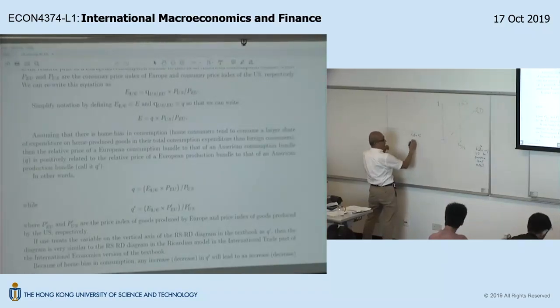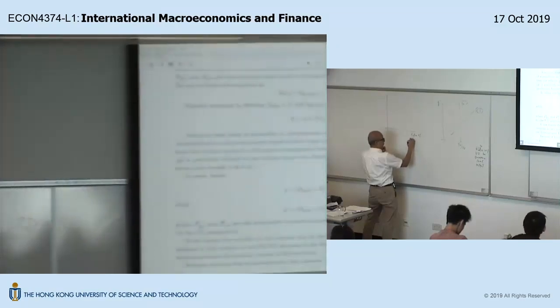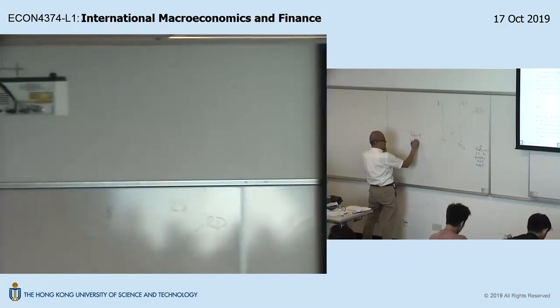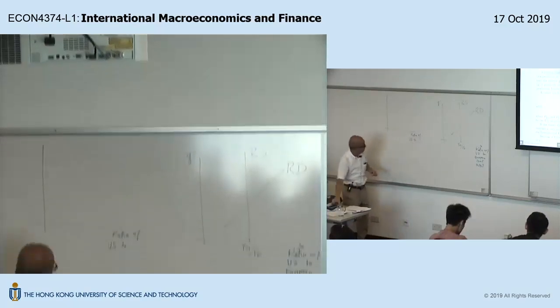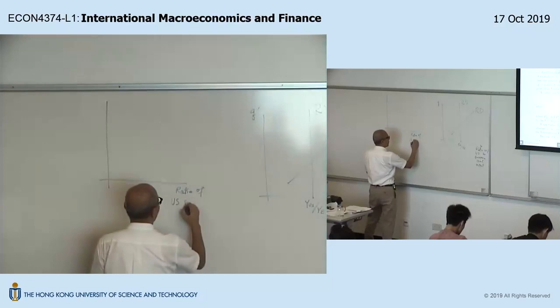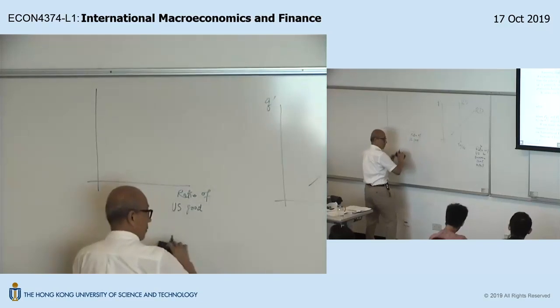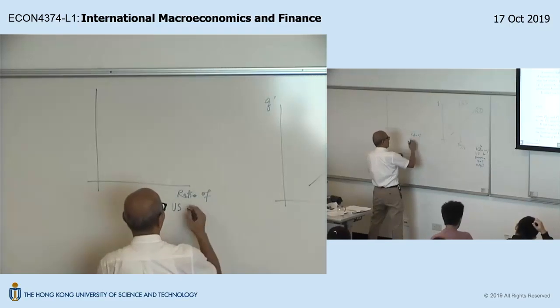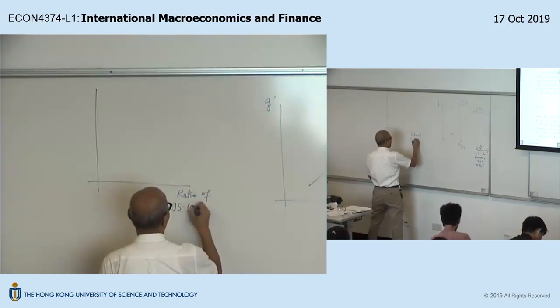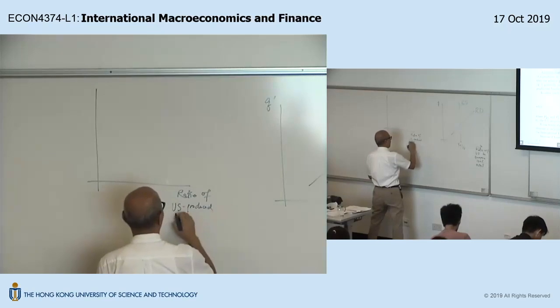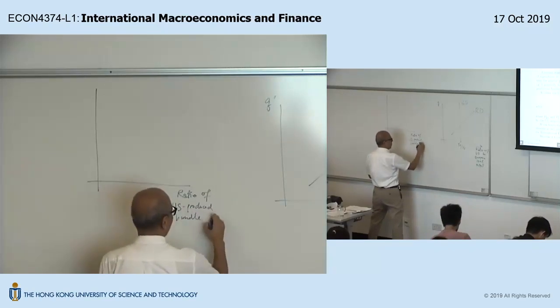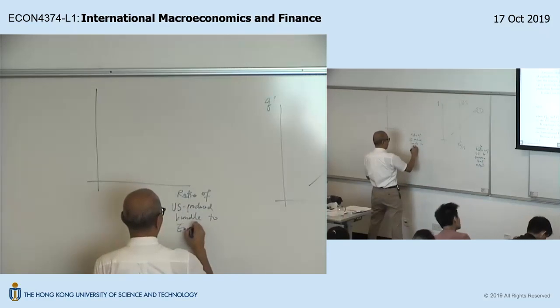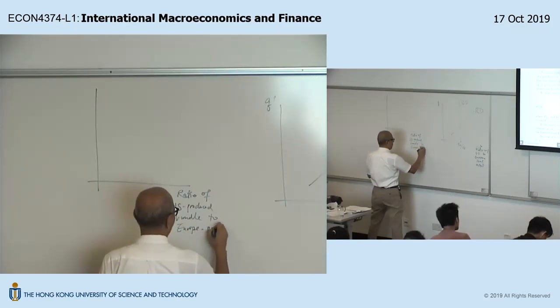So strictly speaking, what you would expect is the ratio of the U.S. basket, put it this way, the U.S. produced bundle, to the Europe produced bundle.